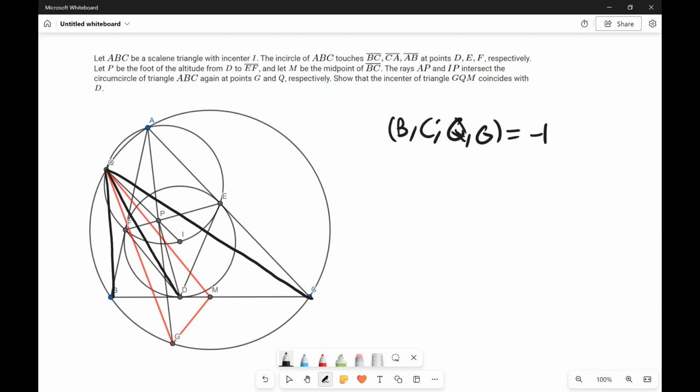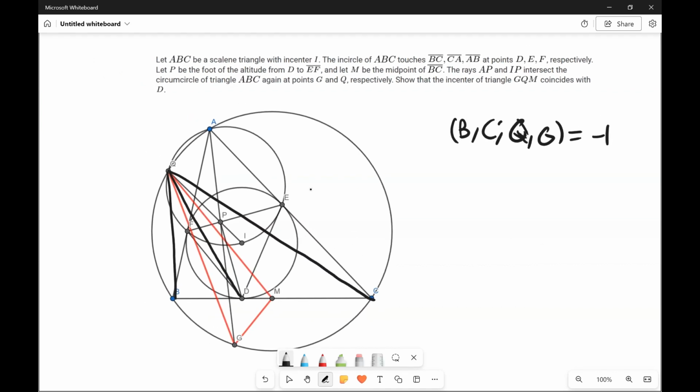So how do we get started on proving this? Well, the only obvious way that the point G is defined here is as an intersection of AP with a circumcircle. And P is on line EF, so it makes sense to project this thing from A onto EF. So let's go ahead and draw EF.